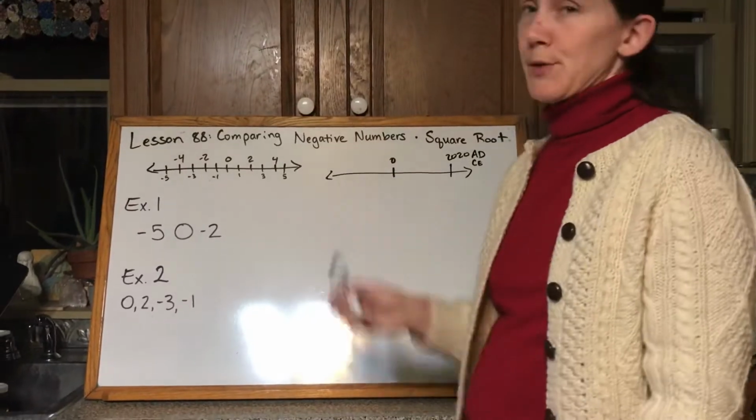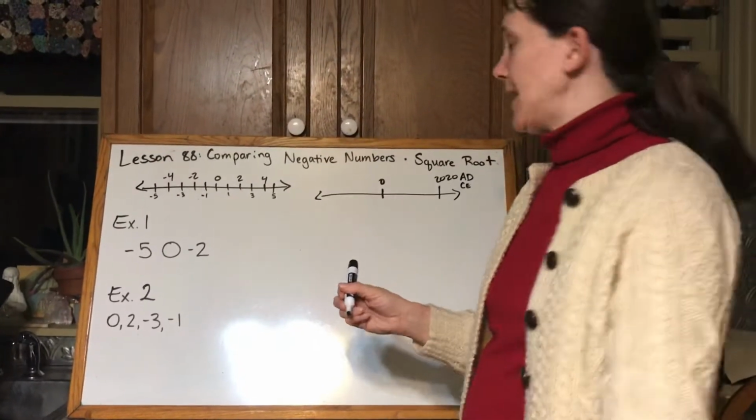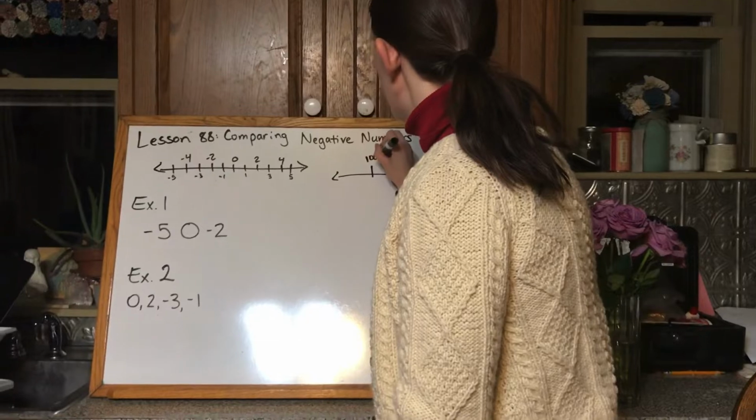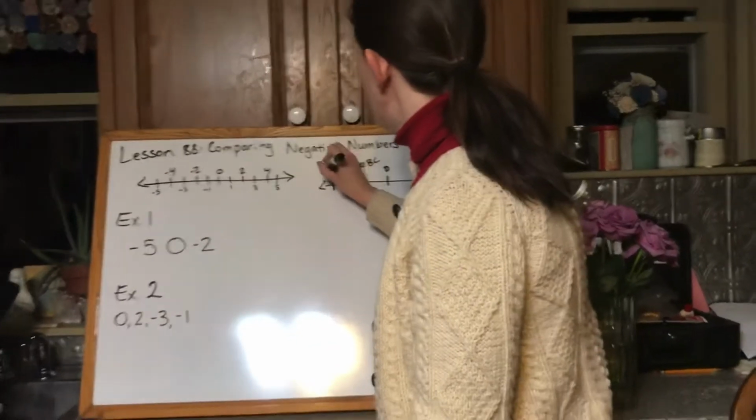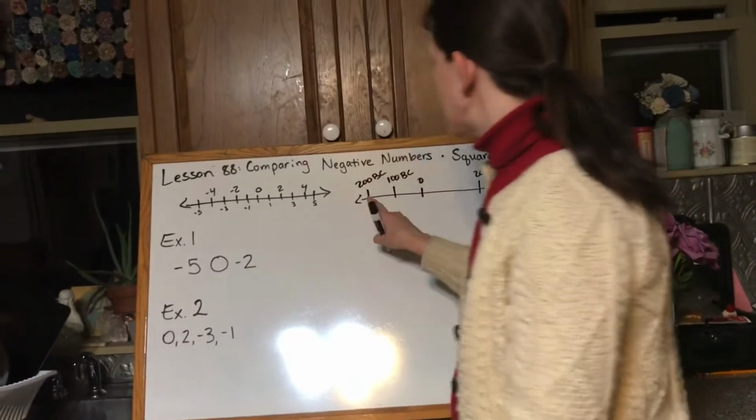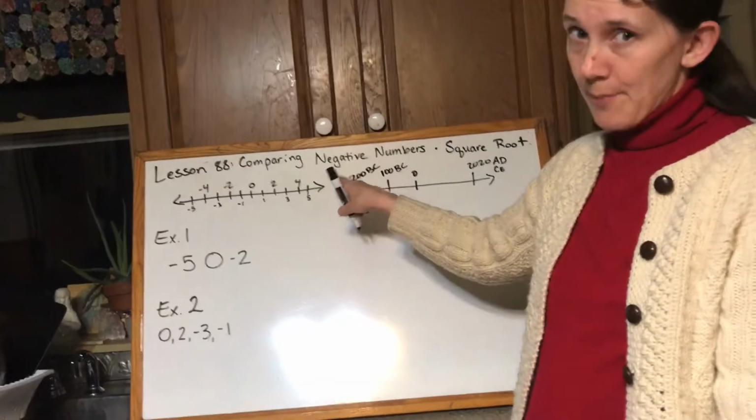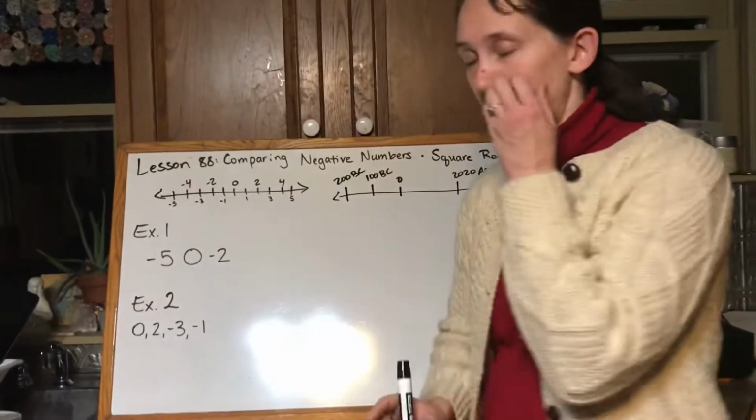Well, before Jesus was born, we'd call that BC. So we have 100 BC and 200 BC. You notice that the higher the number, the farther back we go.